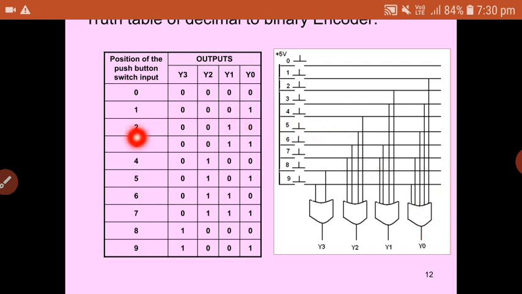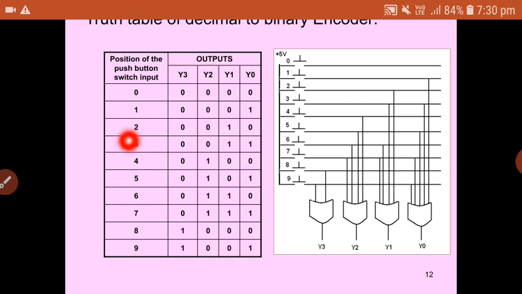Similarly, when push button switch 2 is closed, then what will happen? The output which is connected to push button switch 2 will be highlighted, so that means the y1 output will become high and no other output is connected to push button switch 2, so 0010 will be the binary equivalent for push button switch 2.